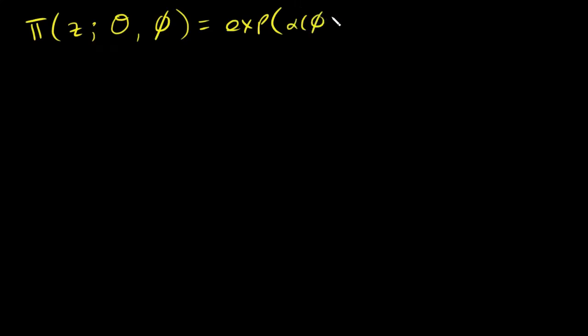So, we have for a single z, the density function is this function of z, and then we have theta and phi equals e to the power of alpha of phi, z times theta minus g of theta plus h of z, close the parentheses for that alpha, and then we have some beta of phi and z.